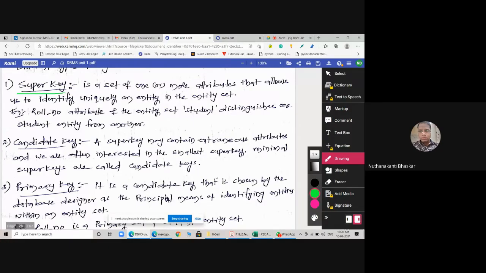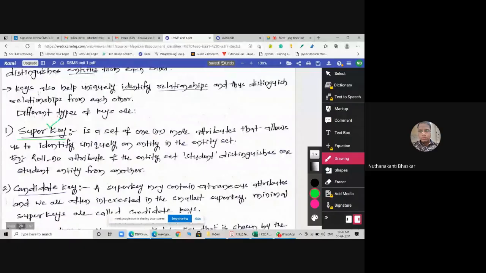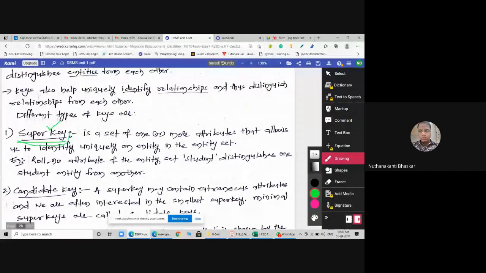For that, we have many categories of keys, especially they are classified into five. The first one is the super key. A super key is also a key, but here all the attributes of the entity work as a key to identify that entity uniquely.